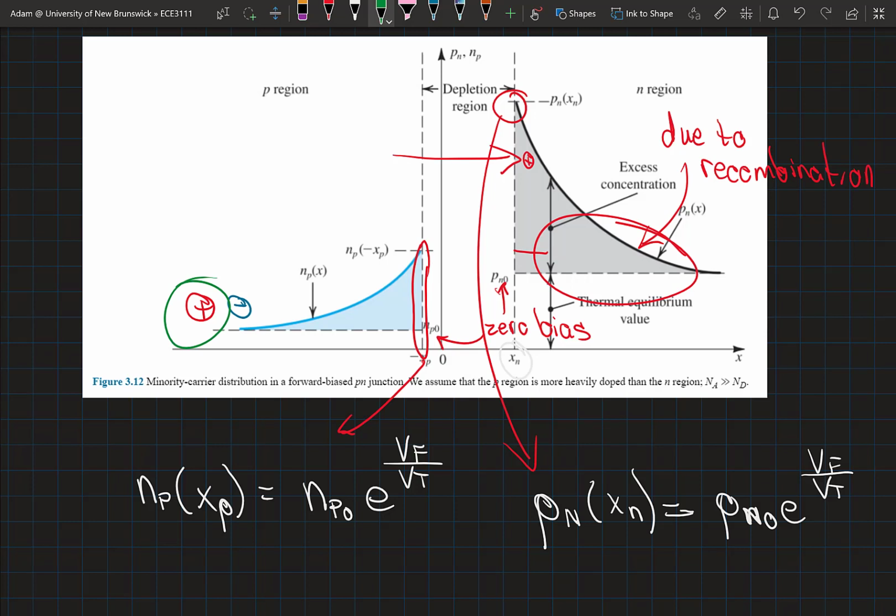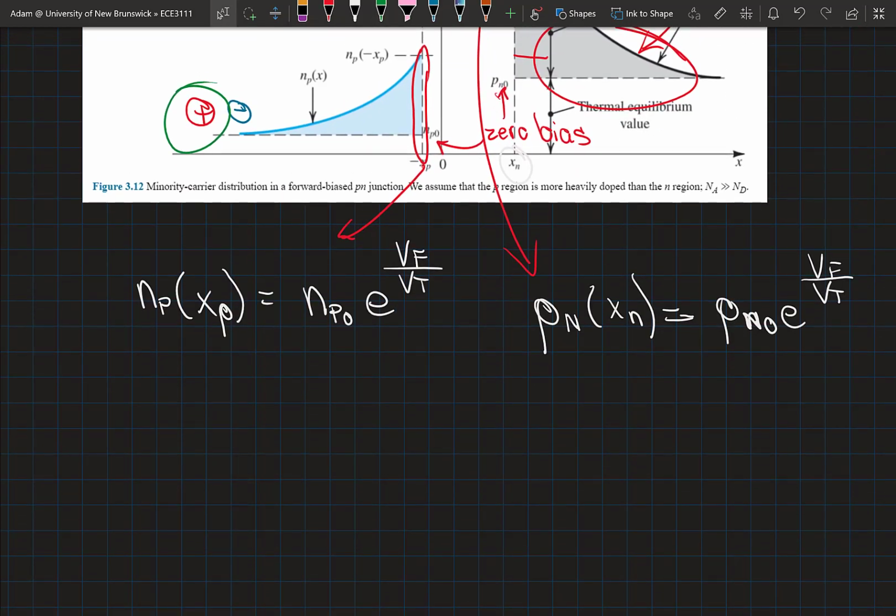So this hole gets lost in this P region, and that loss of majority carriers is made up from an external current, the forward current that flows into the diode. Okay, so let's see if we can show that graphically here.